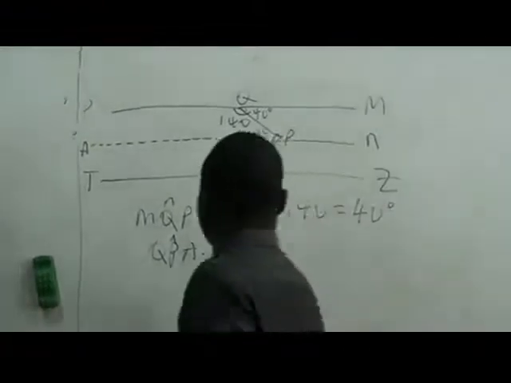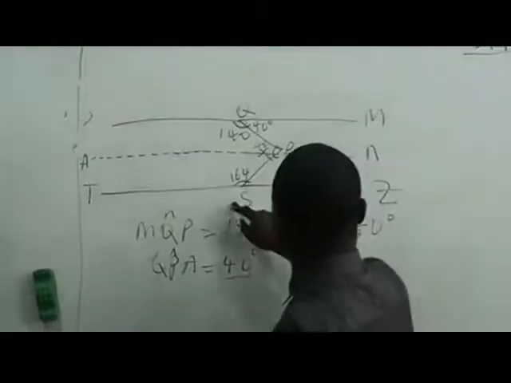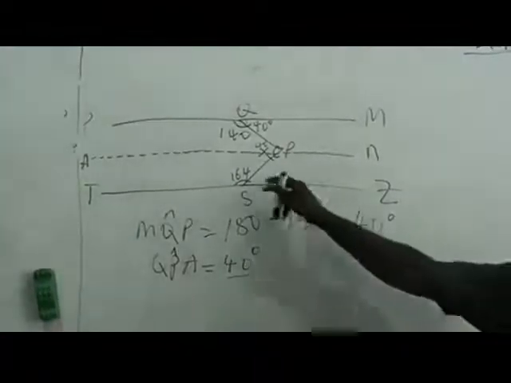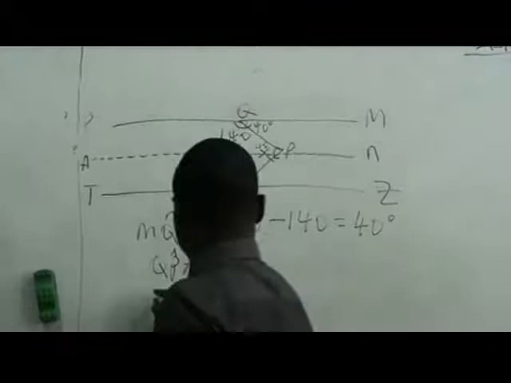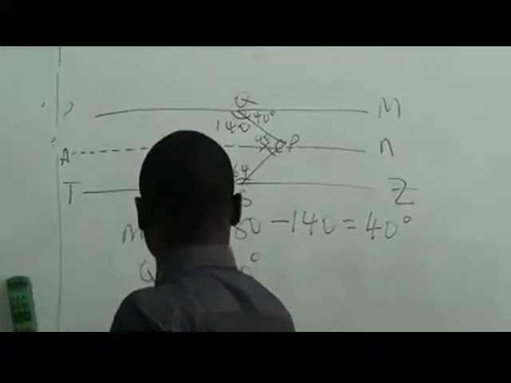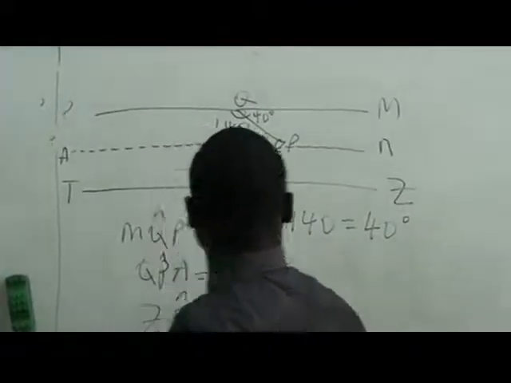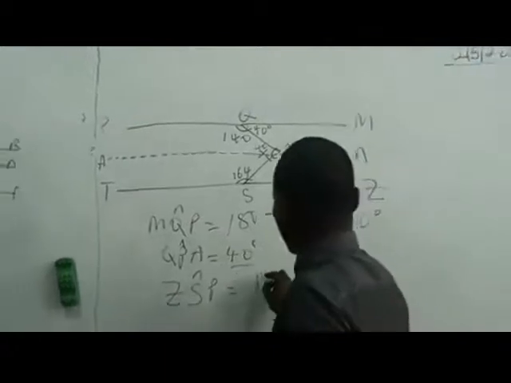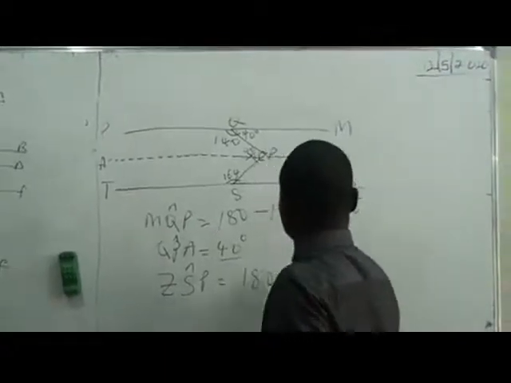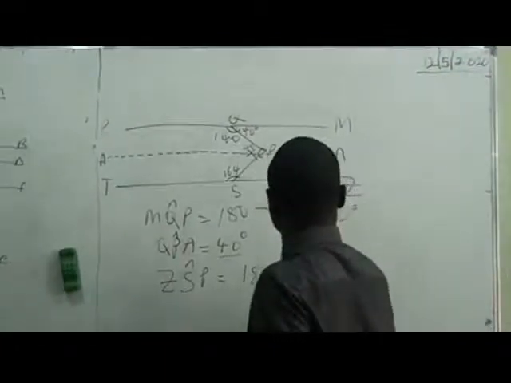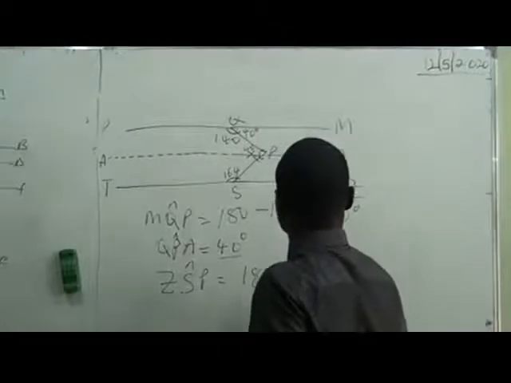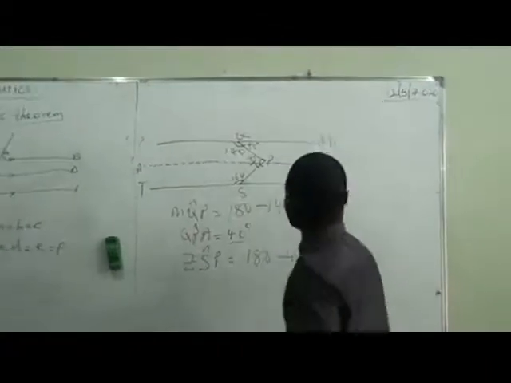You will not find S now. Now study this diagram again. Angle ZS, you will see that there is an angle there. Angle ZS is going to be 180 minus 164, which gives you 16.